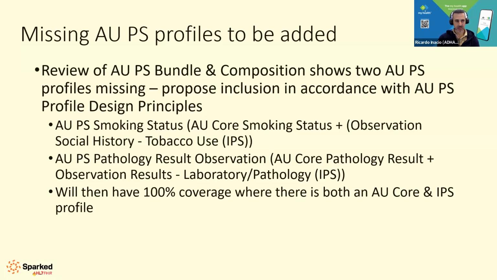But a review we've done of the PS bundle and composition shows that there are 2 profiles that are currently missing, and it will be proposed that they are included in the modeling.